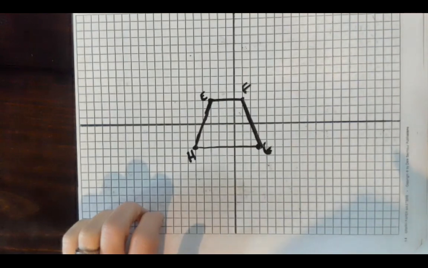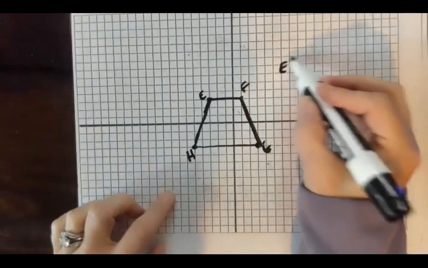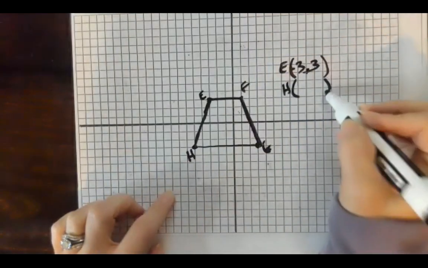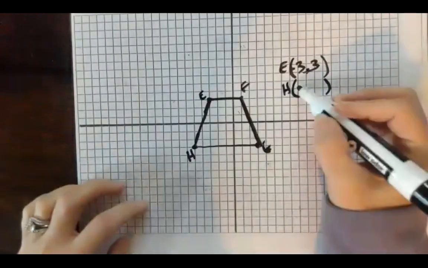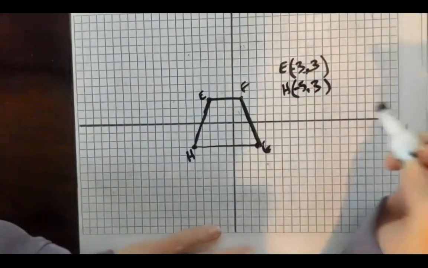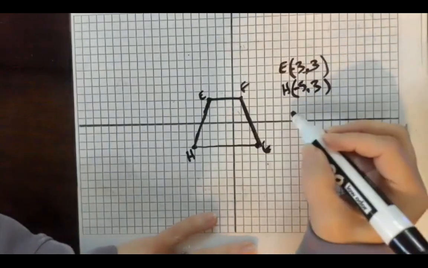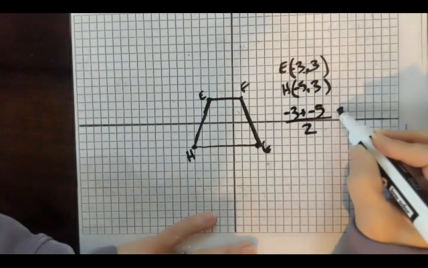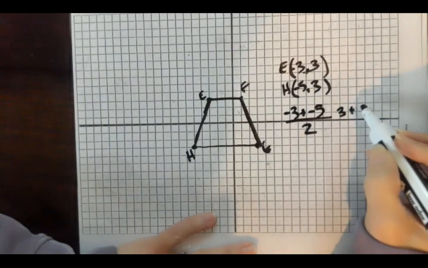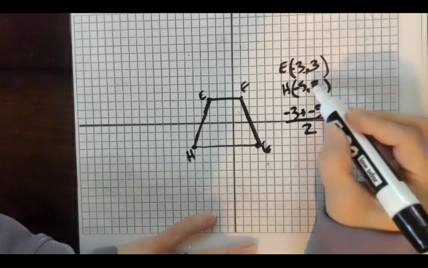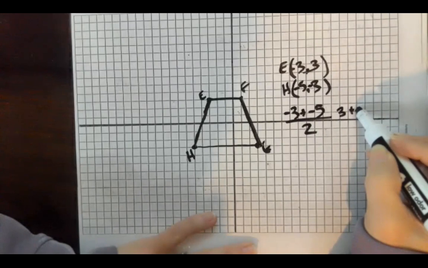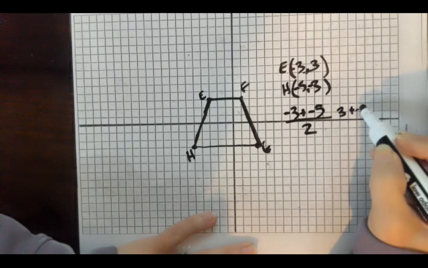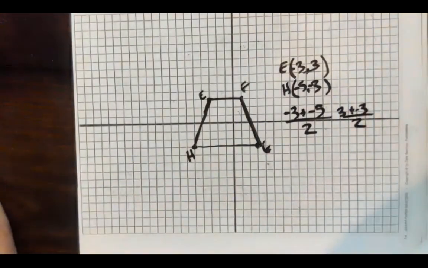Let's find the midpoint. My coordinates for E were -3, 3. And my coordinates for H are -5, 3. Okay, so our midpoint formula here is going to be -3 plus -5 divided by 2, and 3 plus 3 divided by 2.